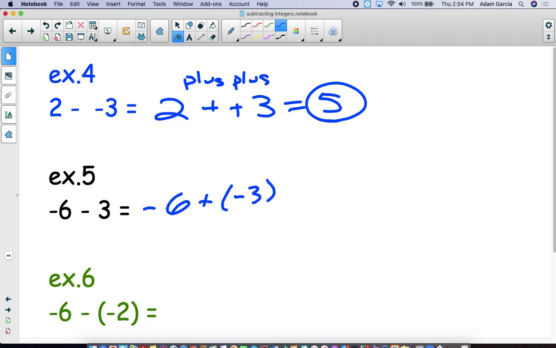Negative 6 plus negative 3, what would that equal? Negative 9. So this would be like the temperature is negative 6 and it's dropping 3. Negative 6, dropping 3, you're going to negative 9.